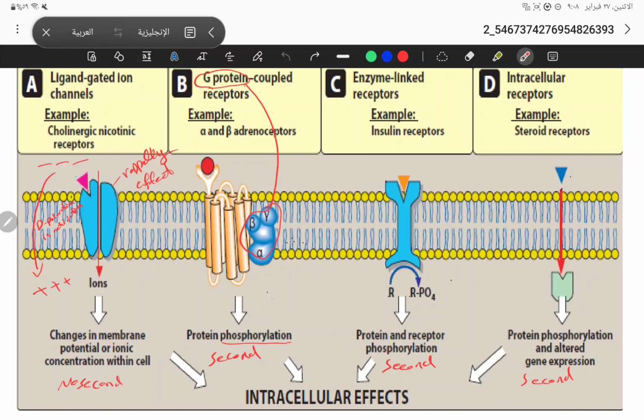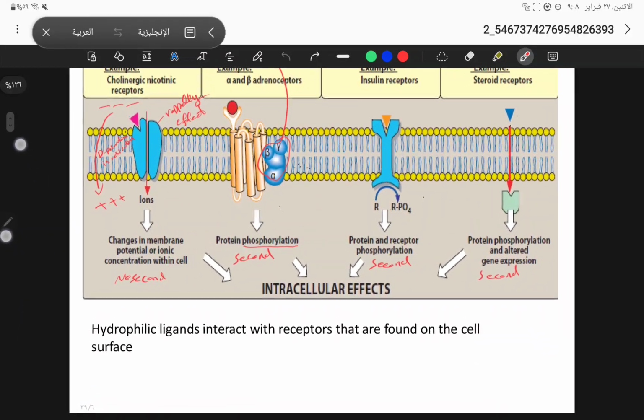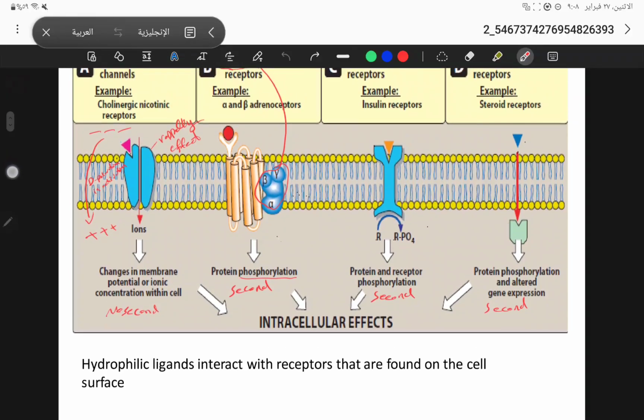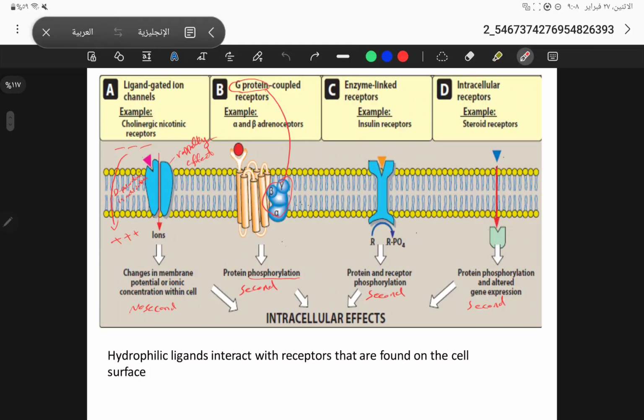After gene transcription I have messenger RNA, then translation into a protein, and this protein is what gives me the action. It could be a metabolic enzyme, it could be a receptor, a huge molecule that moves to the cell membrane, it could be a hormone, it could be a cytokine involved in inflammatory processes and so on. So protein phosphorylation, altered gene expression, as we said, I will get the intracellular effect.